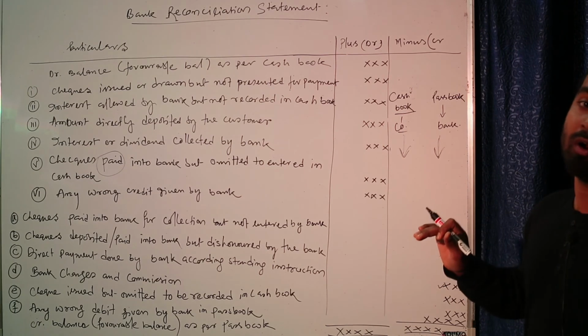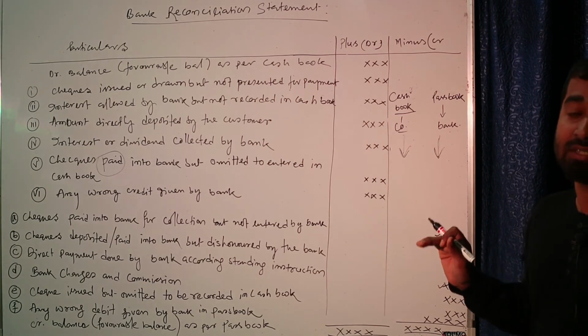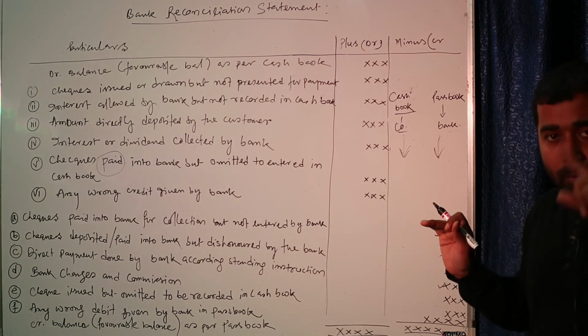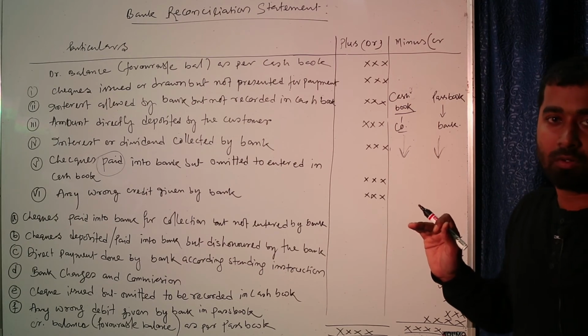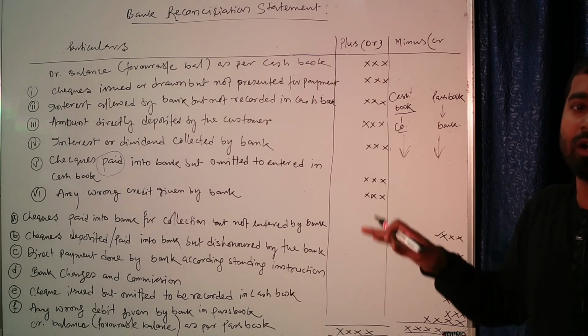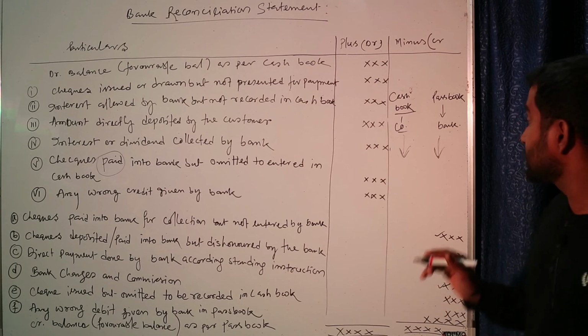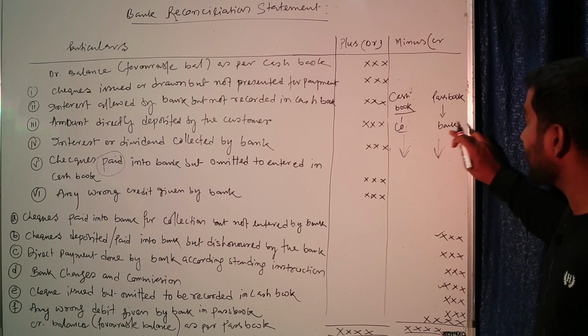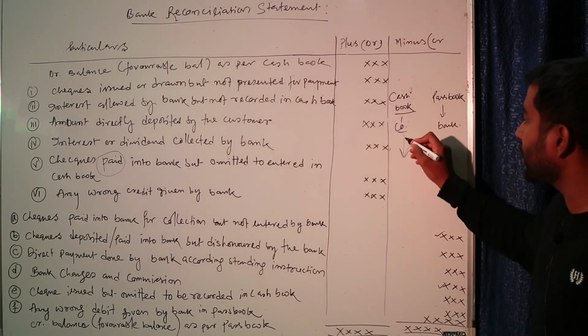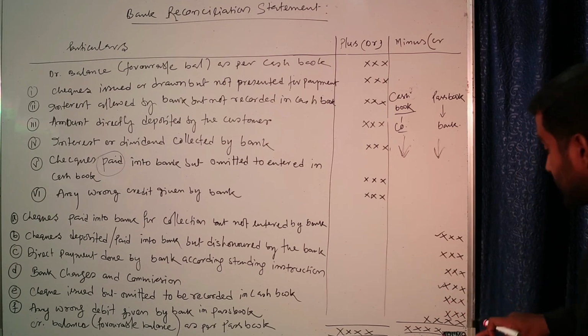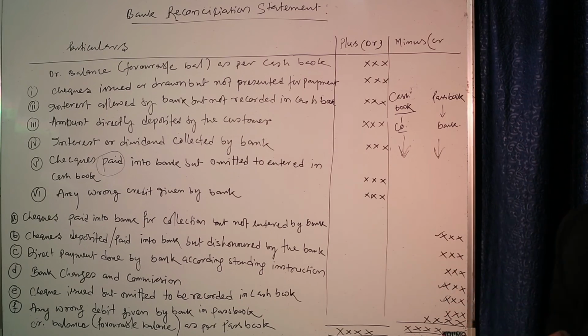Again I am telling you, we are not judging wrongly or rightly, we are doing the tally now. Whatever problems we find will be sorted out later. Now we are doing the reconciliation. So if the passbook has already subtracted it, the cash book should also subtract. That's why that amount came to the minus or credit side.